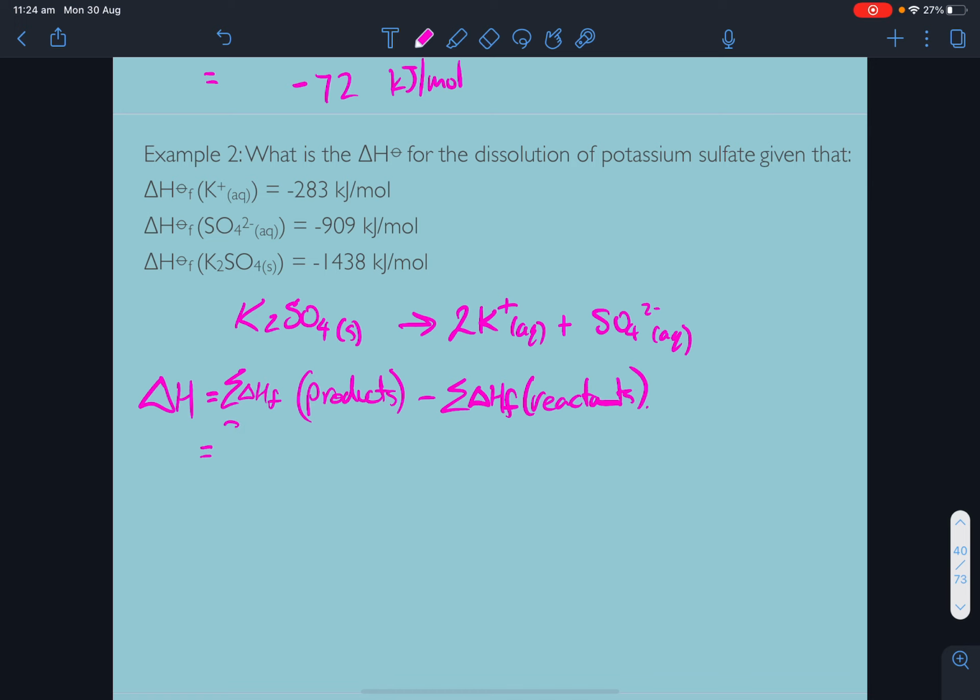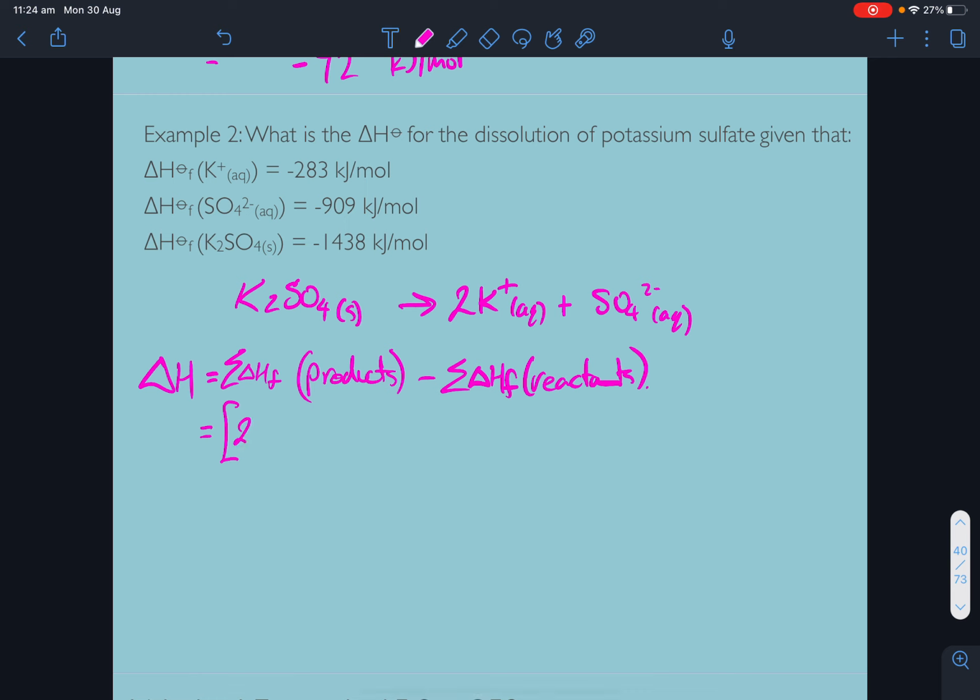Okay, so big bracket, what are the products? We've got 2 potassiums. So 2 times the heat of formation of potassium. And we've got 1 sulfate, so 1 times the heat of formation for sulfate. Minus the reactants. Well, we've just got the 1 reactant, so we've just got the heat of formation for potassium sulfate.